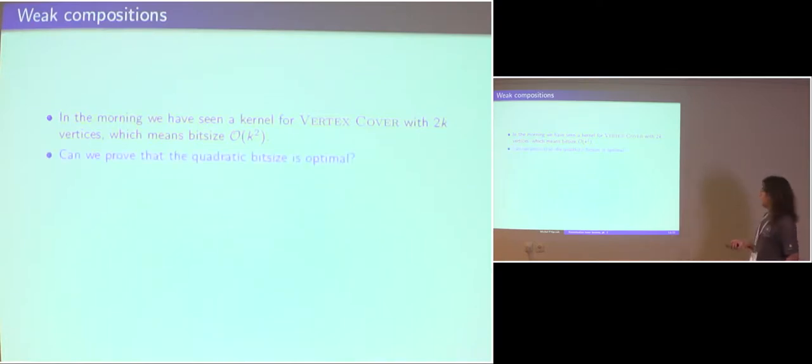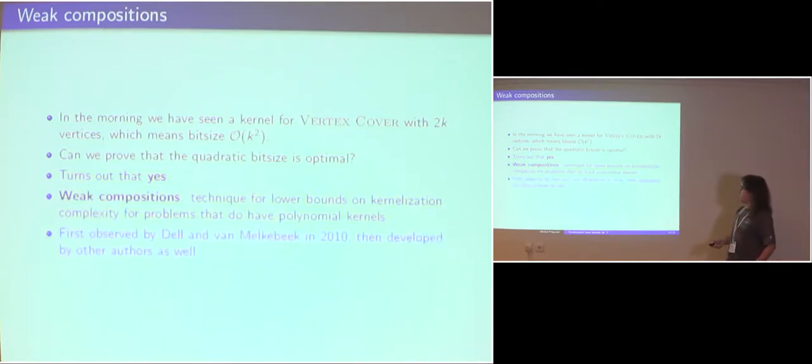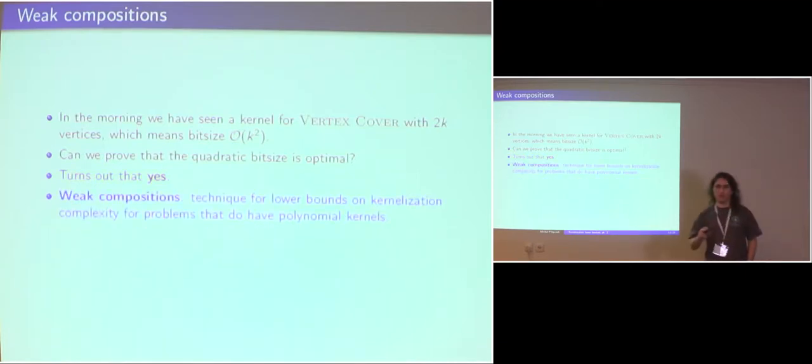So the natural question is, is this optimal? Can you get sub-quadratic bit size? And the answer is yes. We can prove that actually quadratic is optimal. More precisely, we can give this framework of weak compositions using which we will show that there is no kernelization into bit size k to the 2 minus epsilon for any epsilon larger than 0.